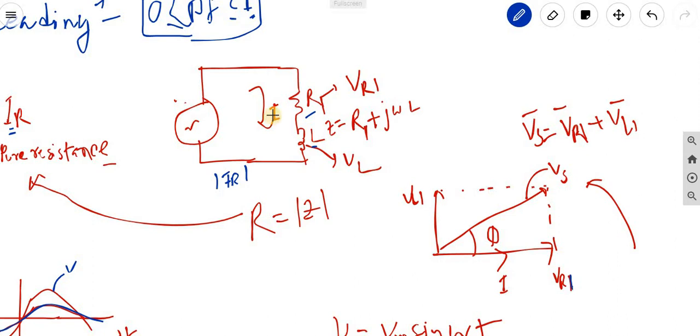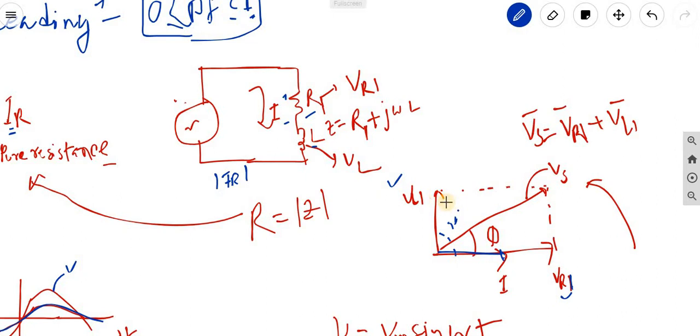As we know, this current and this voltage would be in the same phase because it is a resistance. Now the VL: in the case of an inductor, the voltage leads the current by 90 degrees, so this one is 90 degrees. Now this is VL and this one is VR.